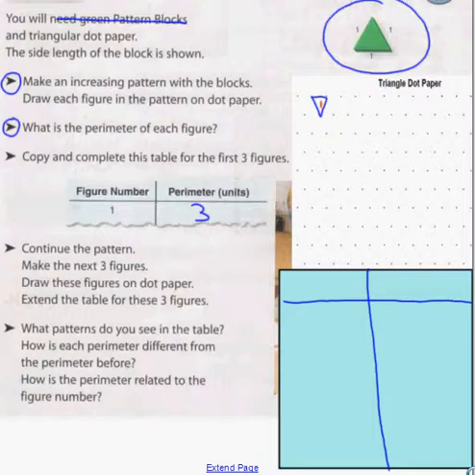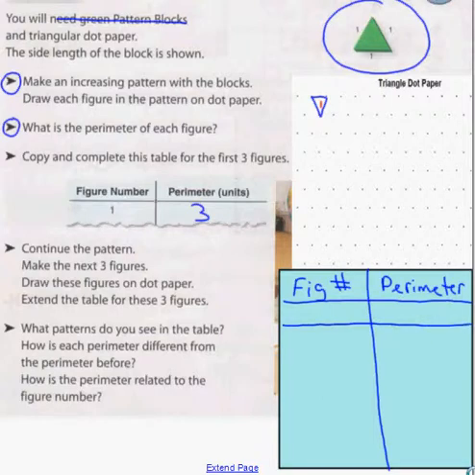So we're going to call this side the figure number, FIG with the number symbol, and then the other one is going to be perimeter. Perimeter is the distance around the edge of some object. And you add up all the sides to figure out that distance. Alright, so for figure 1, we discovered that the perimeter was 3.